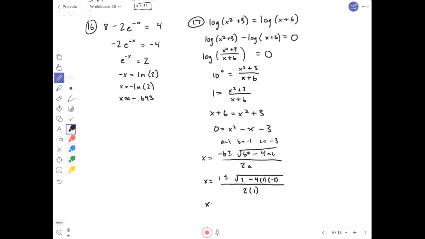So x equals 1 plus or minus the square root of 1 plus 12 is 13 over 2.